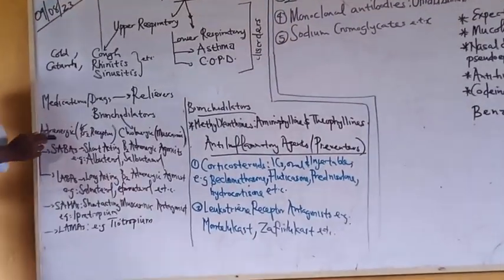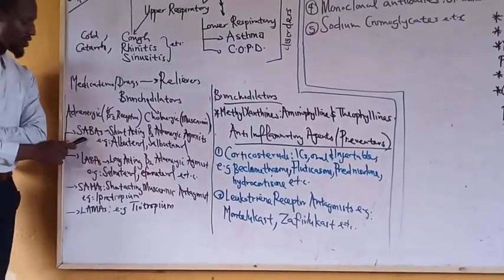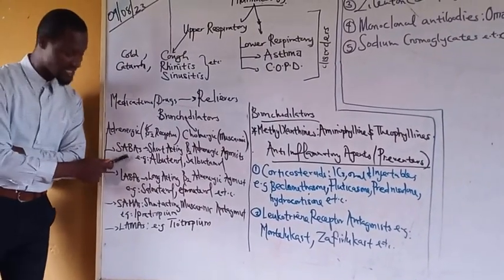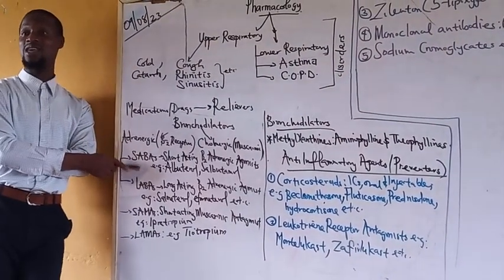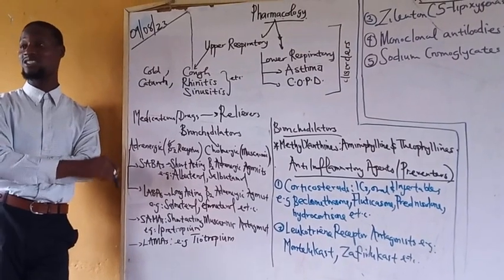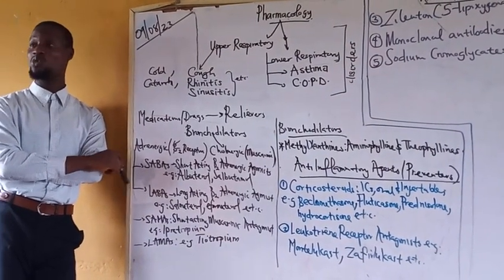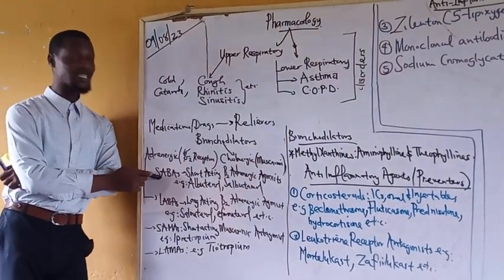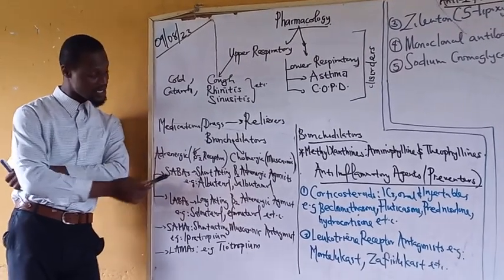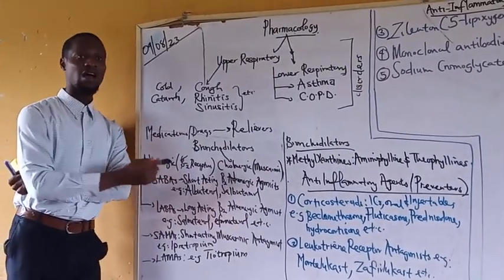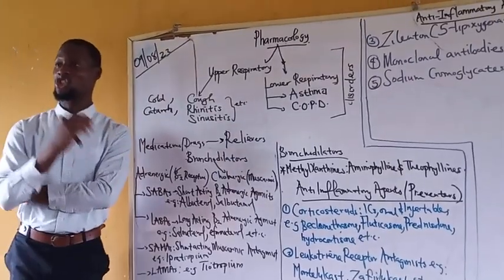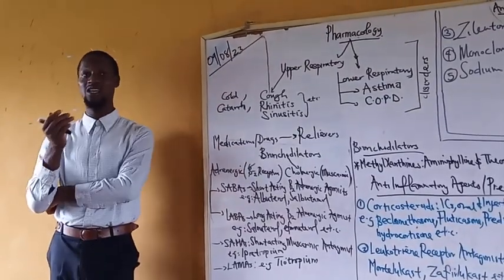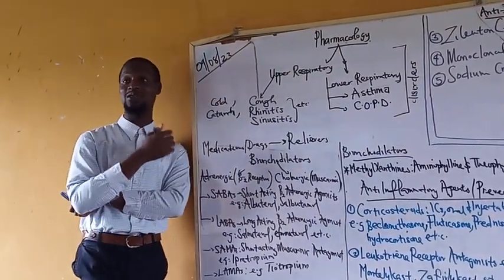Looking at the first group, which are the adrenergic agents, we have an acronym, SABAs. SABA stands for what? Short-acting beta 2 agonist. So the drugs here have a short or quick onset of action, usually anything from 5 to 30 minutes.